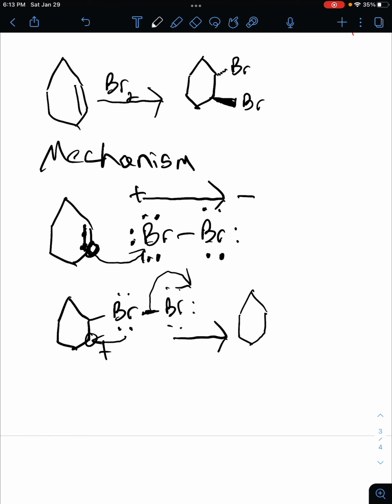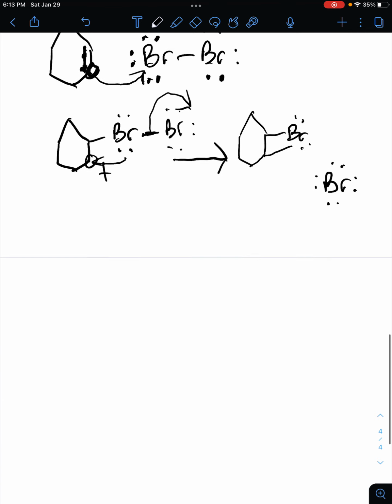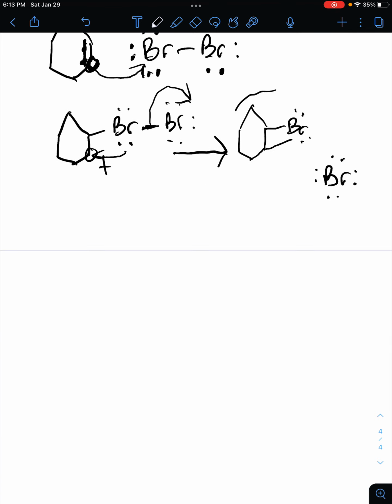You're going to get this bromine here with two electrons, and then you're going to have this bromine atom over here by itself with these four pairs of electrons. So this little cyclobromo group here is really a very temporary situation, and it is a resonance structure of these two situations.